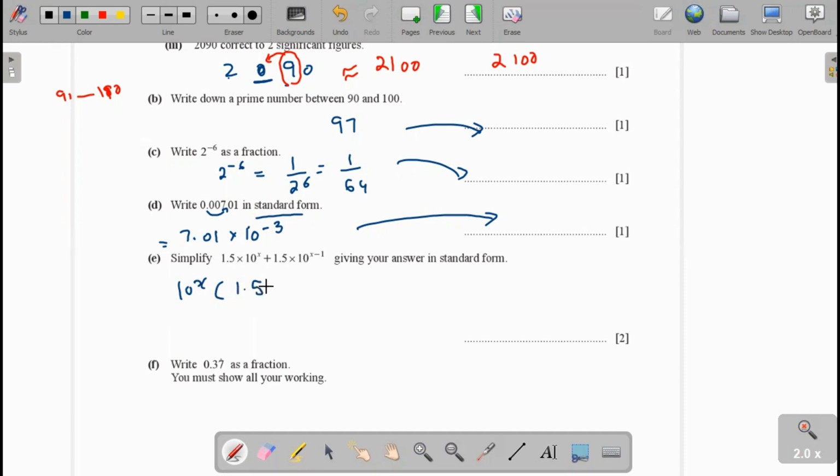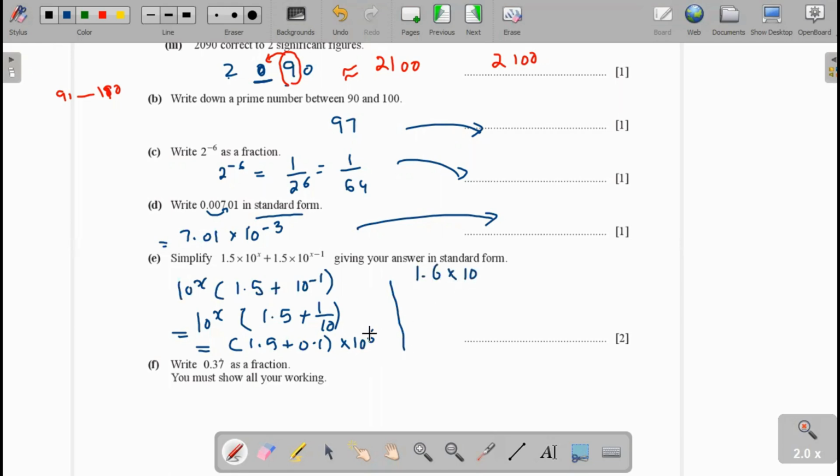Therefore 1.5 plus 10 power minus 1 will remain, and 10 power x is written as it is. 1.5 plus 1 over 10 is equal to 1.5 plus 0.1, into 10 power x. Therefore, we can write it as 1.6 into 10 power x. This is the answer. And now go to part F.